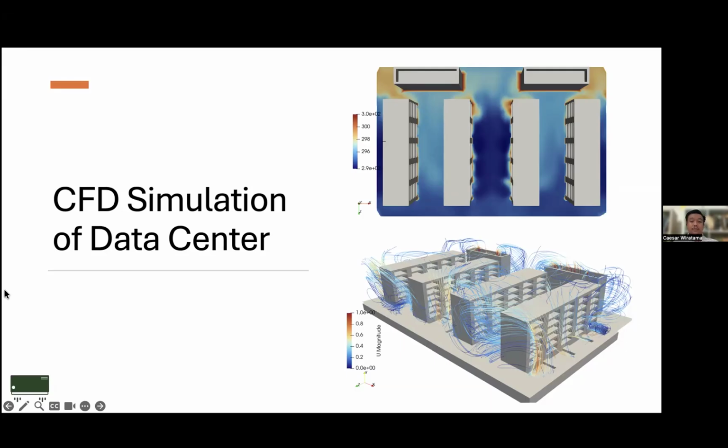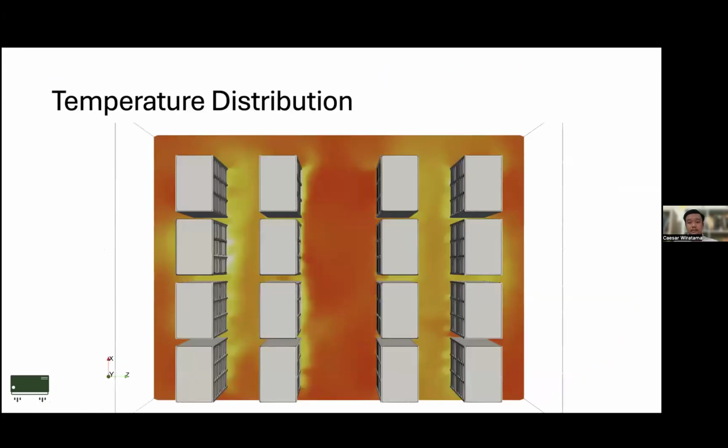Okay, computational fluid dynamics in a data center. So basically from the CFD computation, we can get some parameters. Of course, the first one is the temperature distribution. So we can see how the temperature is distributed in the cold aisle here and also the hot aisle. We can see the difference here.